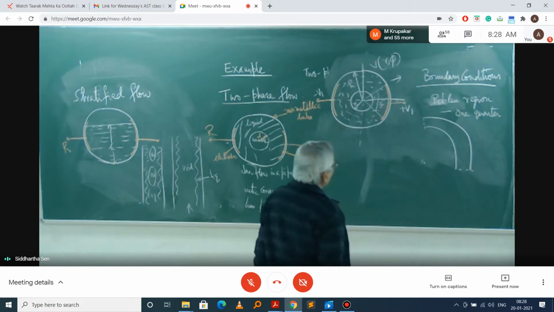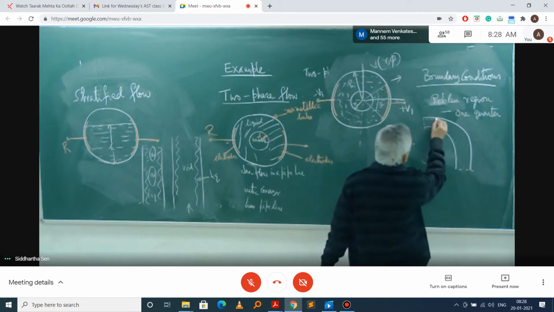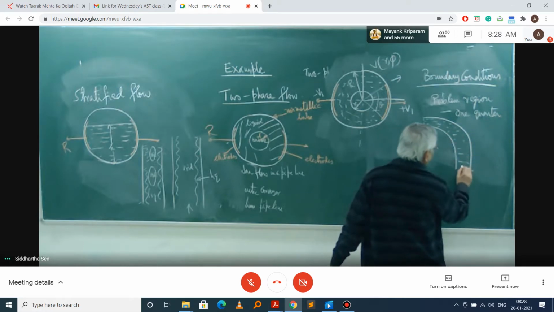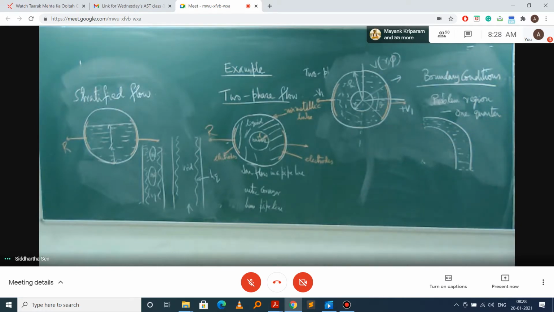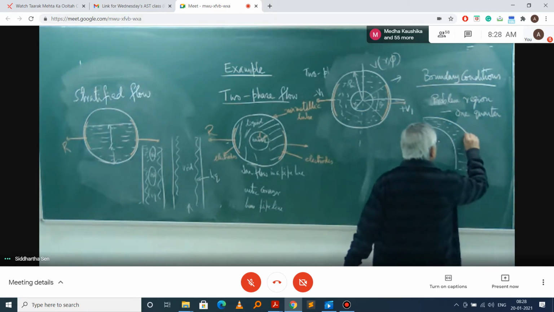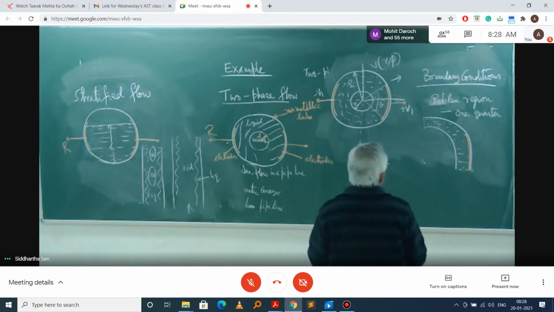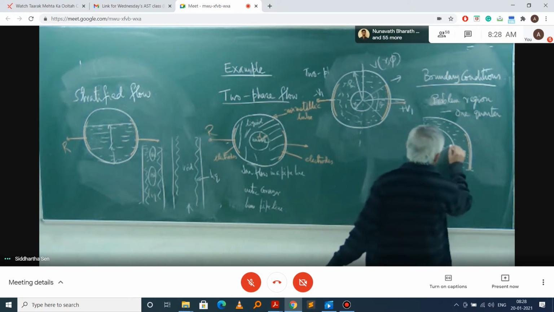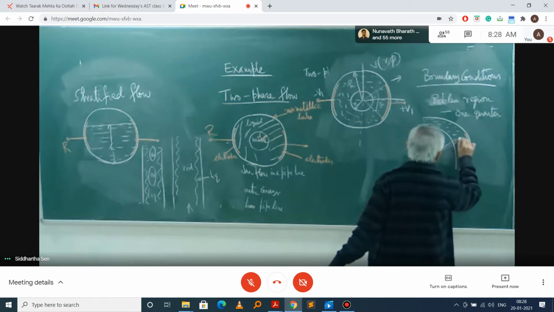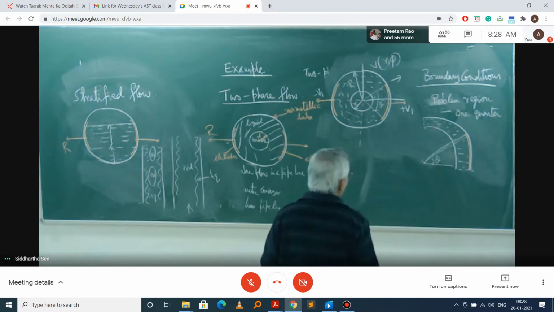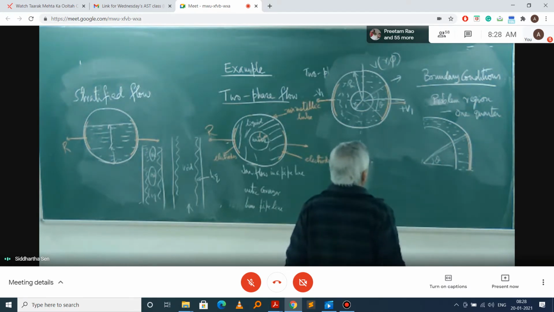What I will look at is that this is filled up with water. And this is your electrode, okay? And this angle is theta. So that angle is theta by 2.